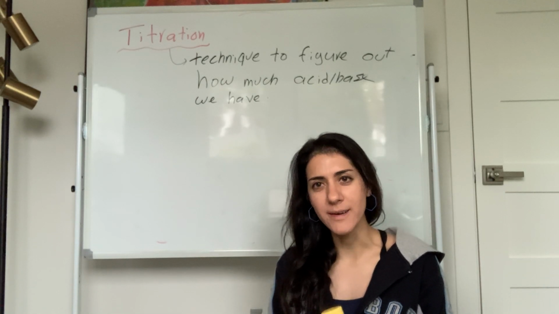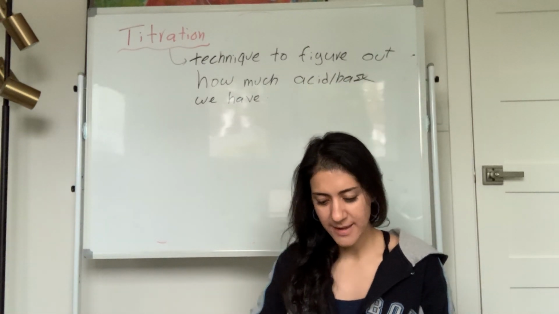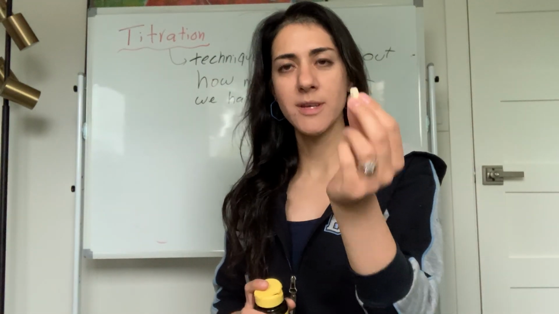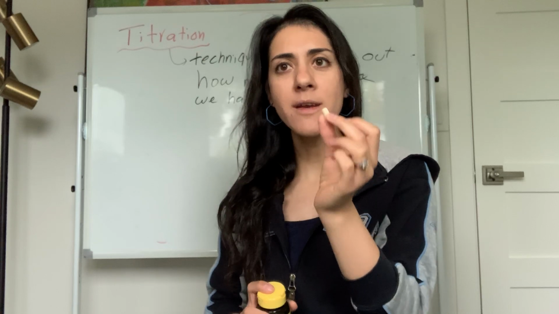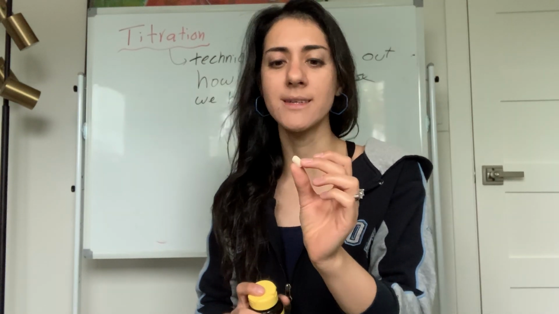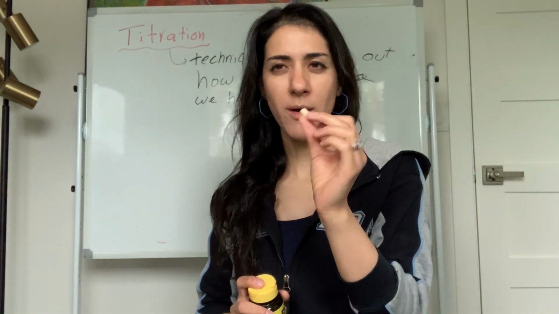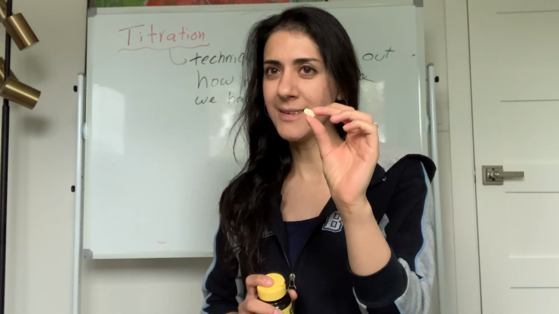Have you ever wondered, when it says that each tablet has 500 milligrams of vitamin C in it, that means each tablet has 500 milligrams of ascorbic acid in it, because vitamin C is ascorbic acid. Have you ever wondered, am I getting my money's worth?